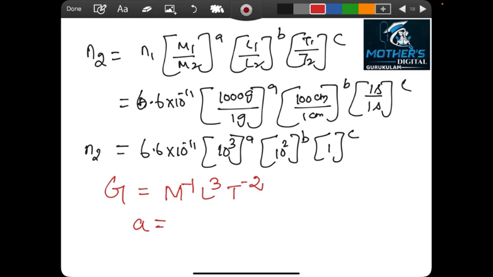From this, A equals minus 1, B equals 3, and C equals minus 2.